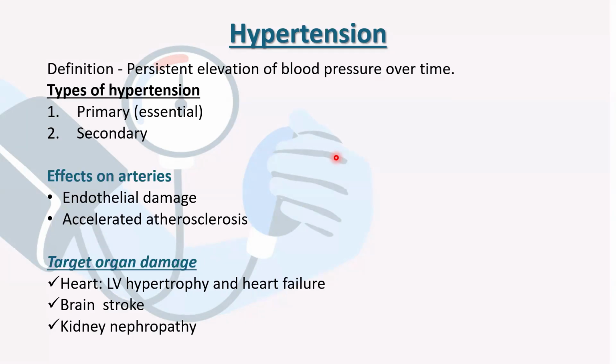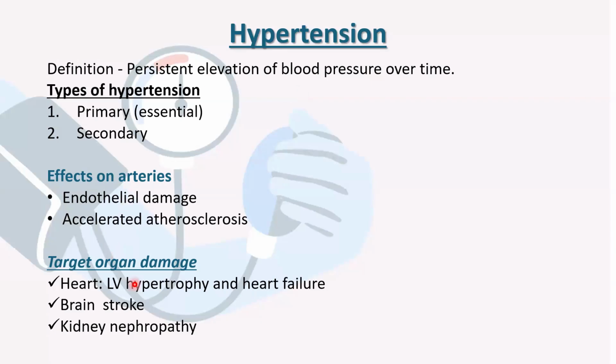which are not necessarily the arteries themselves. The effects on the arteries are that you'll have endothelial injury. Endothelial means the innermost part of the arteries being affected, endothelial damage, and then atherosclerosis. A person with hypertension needs to be under medical care because you can damage the heart.